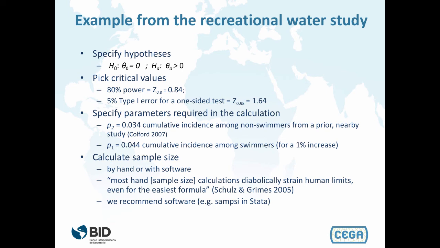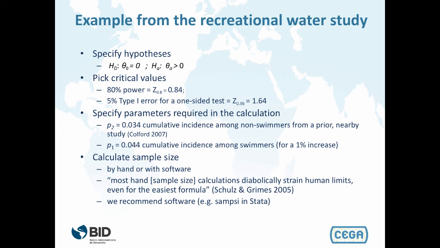We specify the parameters required in the calculation. P2 equals 0.034 cumulative incidence among swimmers from a prior study. That's our baseline effect. We pick P1 equals 0.04. This is a 1 percentage point increase off of P2. We calculate the sample size.